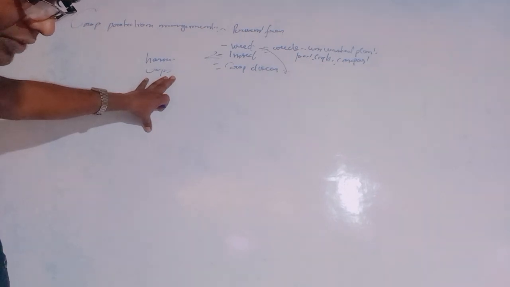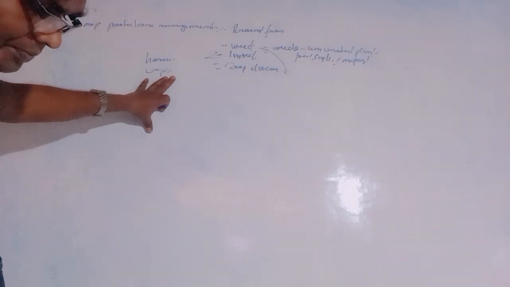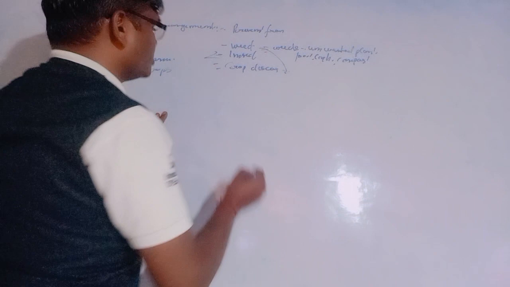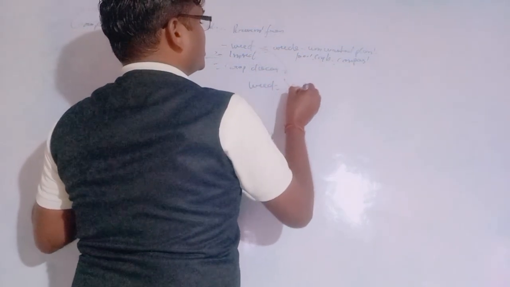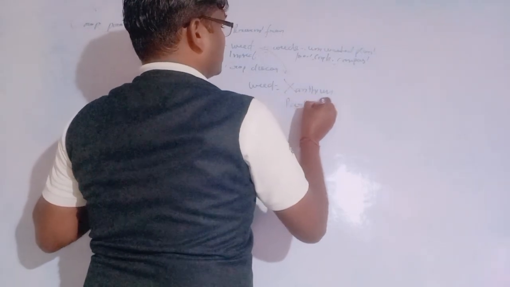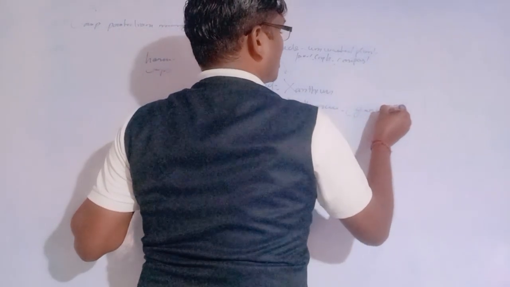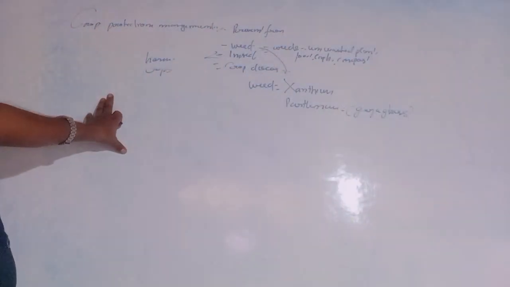Different types of unwanted weeds are Xanthium and Parthenium. Parthenium means gajar ghas.